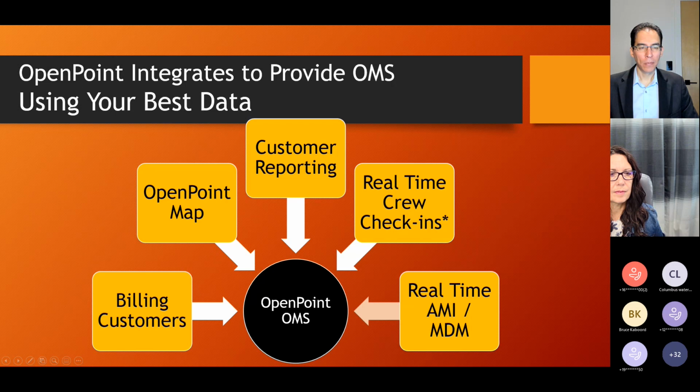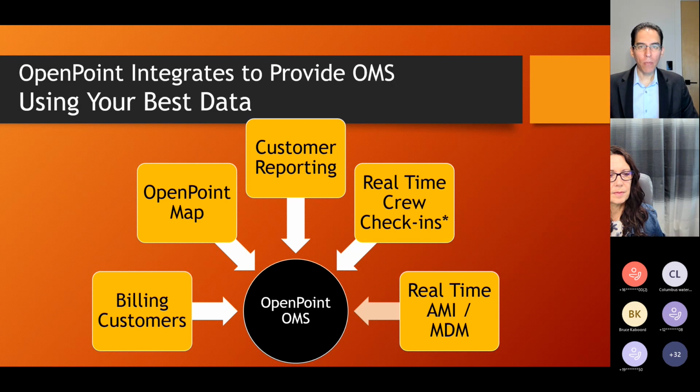And then, of course, while you don't have to have AMI in order to use the system, it's really helpful to have the AMI and MDM systems feeding into your OpenPoint system. But the more important piece of the AMI is that it doesn't happen in a vacuum.